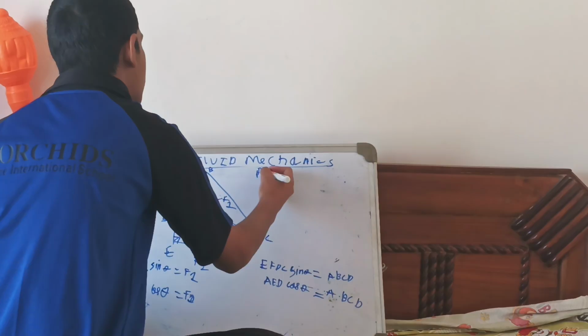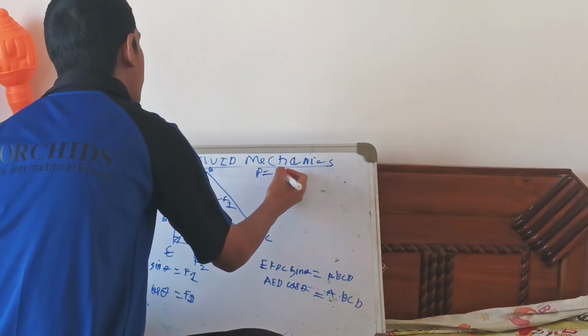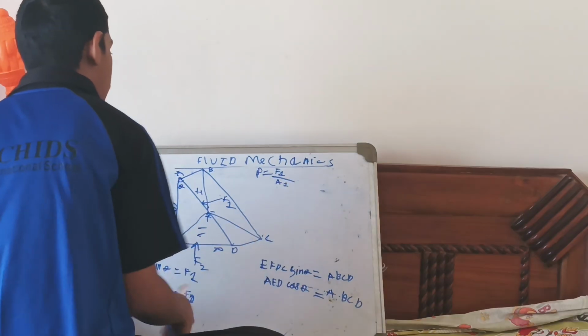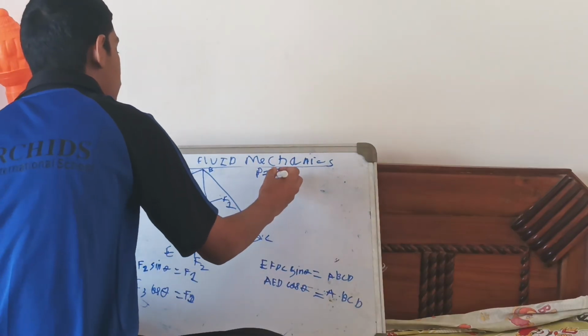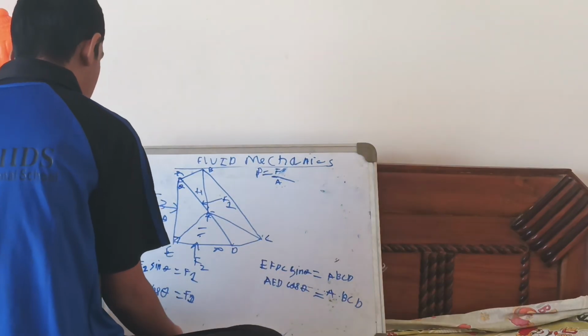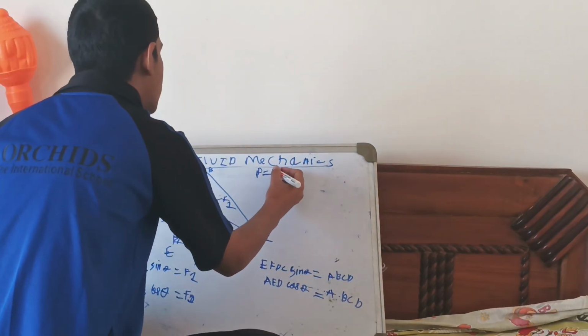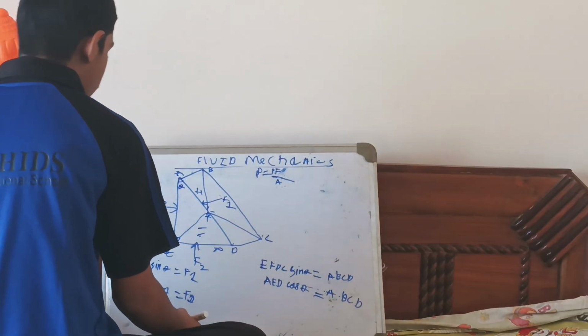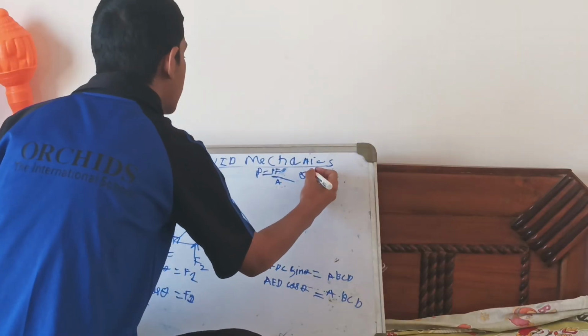Pressure equal to F1 by A, that is, perpendicular force, thrust upon area.